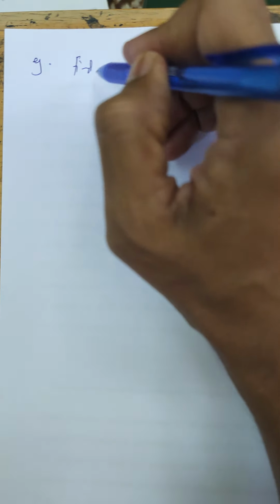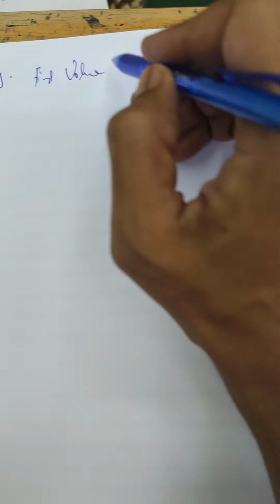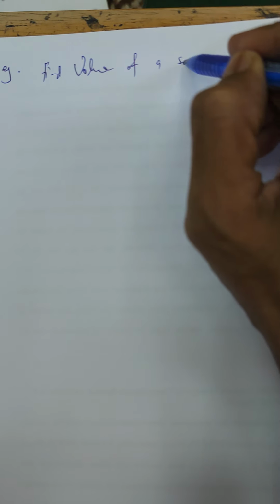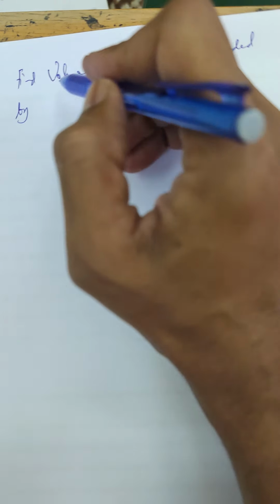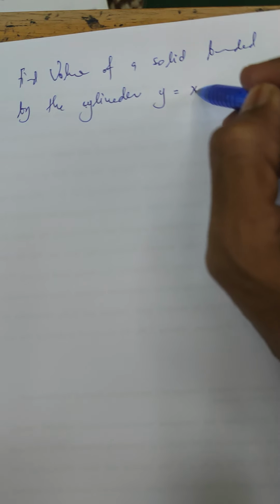Find the volume V. Let me write that. Volume of a solid bounded by y equal to x squared, and planes.